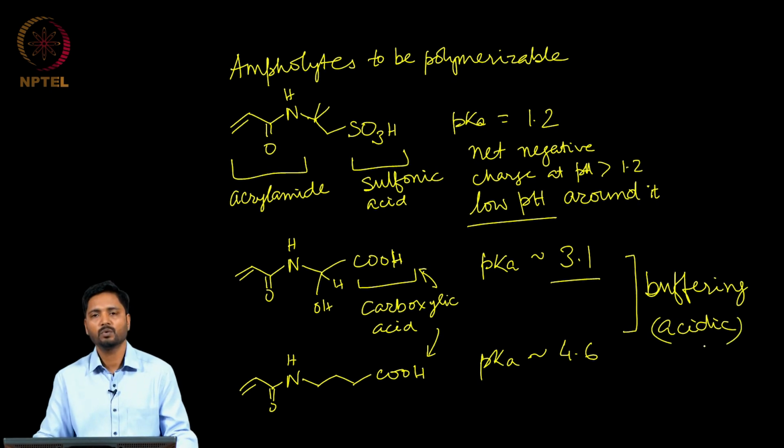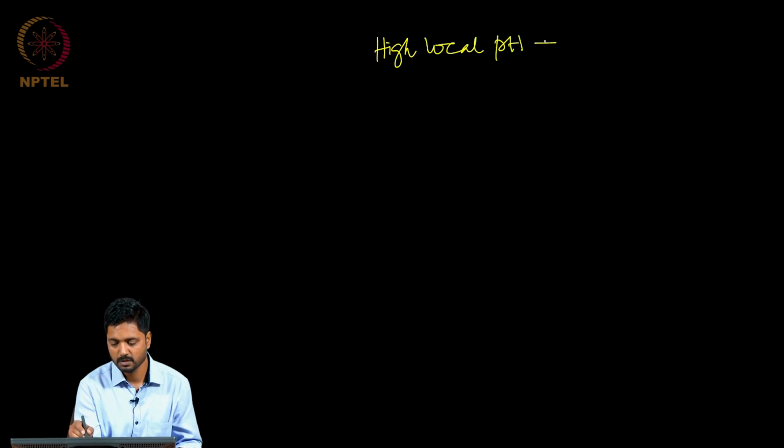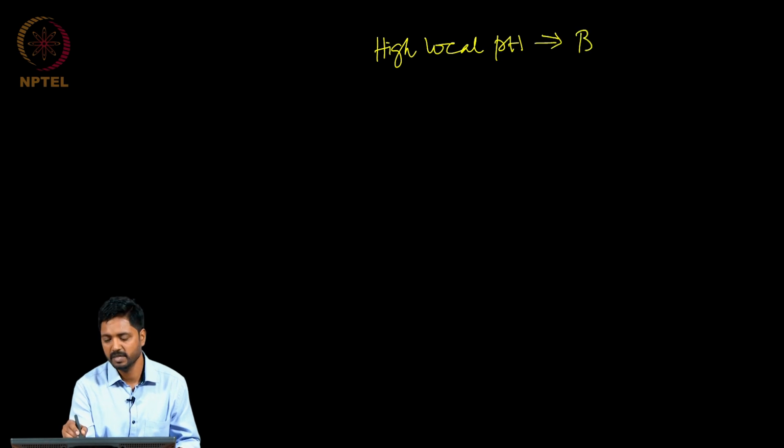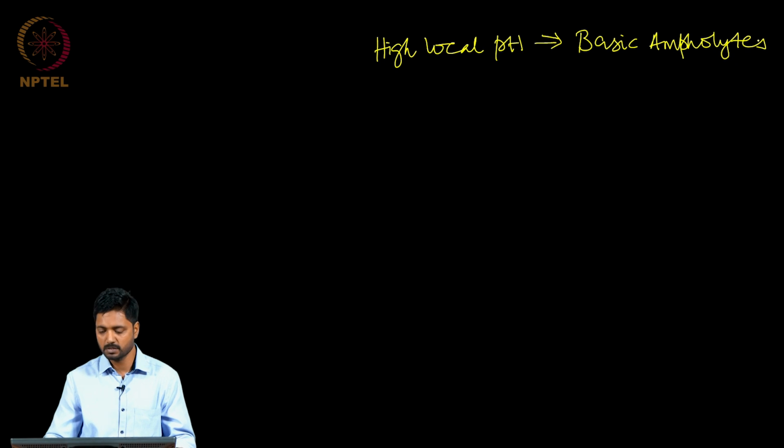Now, to create systems which will give neutral or basic pH, we utilize amines and morpholines. Now, to create high local pH, we use what are known as the basic ampholytes. And now, I will give you some examples of what these basic ampholytes are.